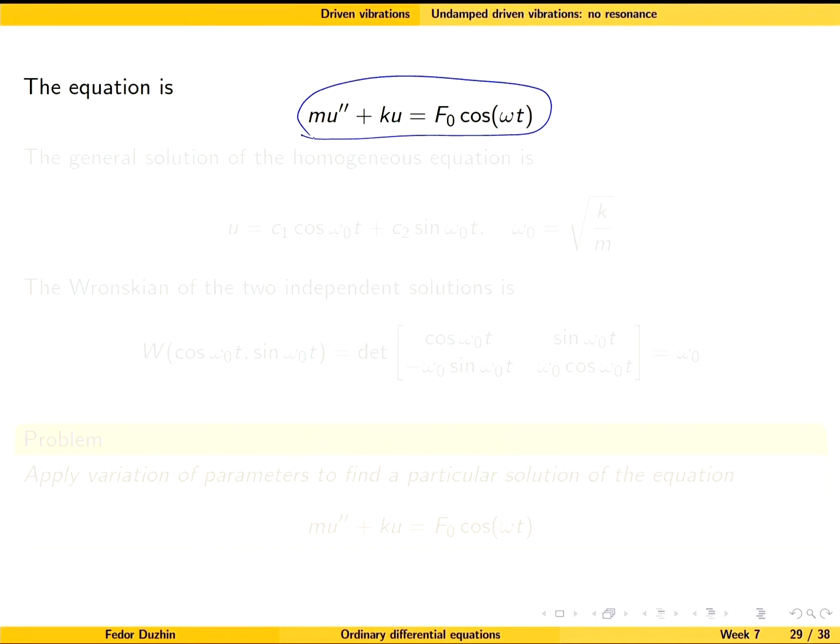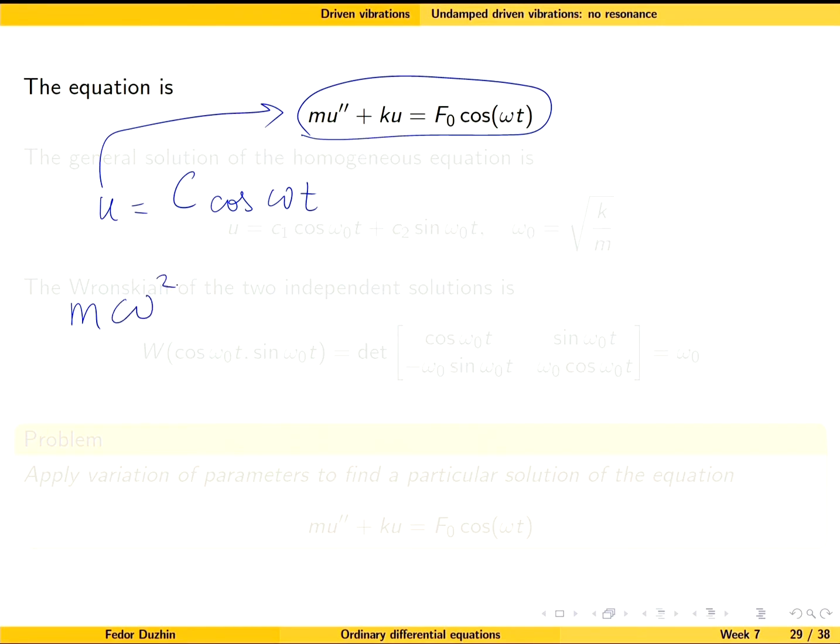If the right hand side has cosine of omega t, then it's natural to try u in the form of cosine of omega t, maybe with some coefficient. So let me write coefficient c. And so then let us substitute it into the differential equation. Then we are going to get m u double prime. Whenever we differentiate with respect to t, one extra omega is going to come out.